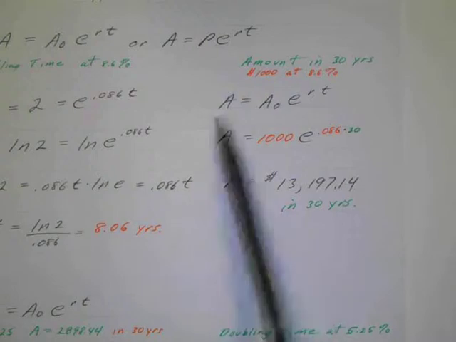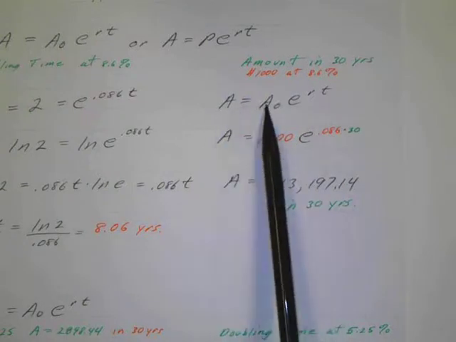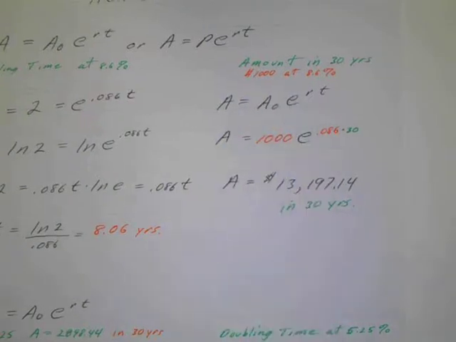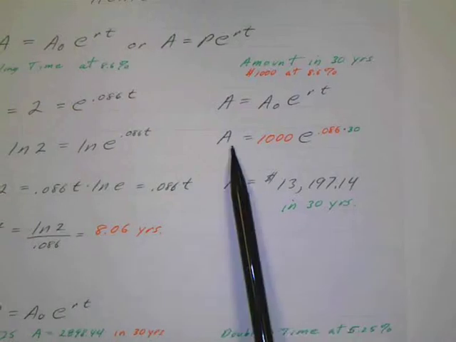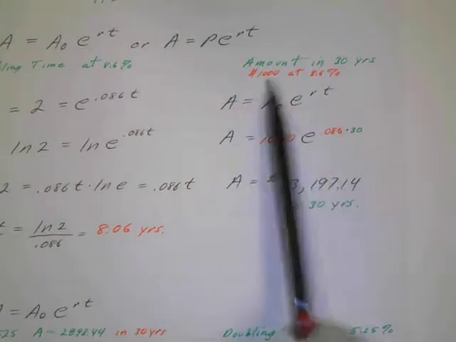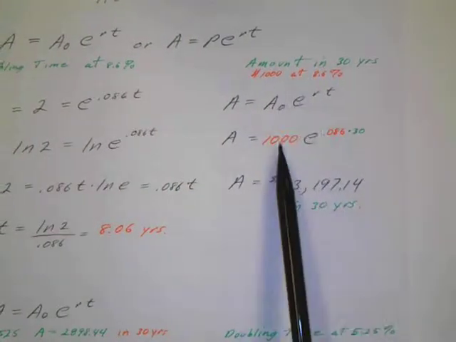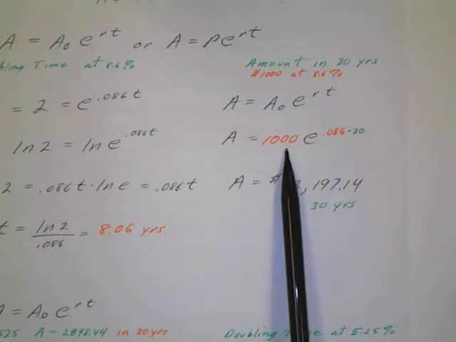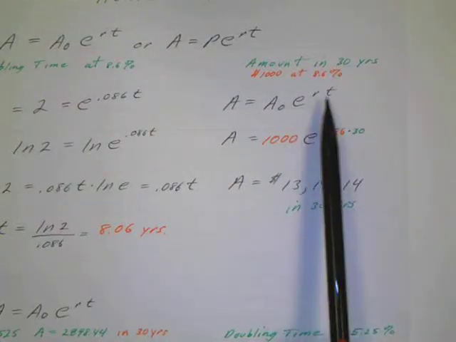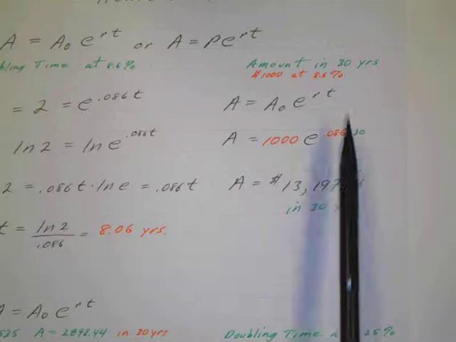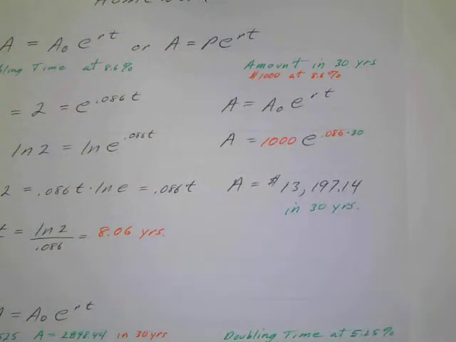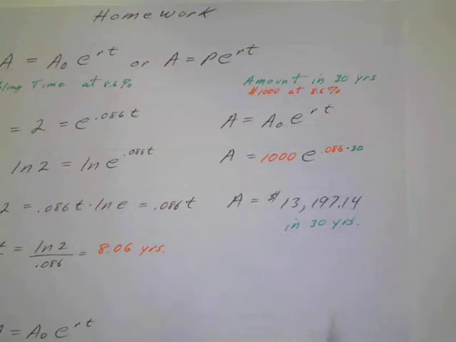So again, we're going to use this PERT type: A equals a sub 0 e to the rt. All right? And it's just a straight formula. My initial amount of money was $1,000. It's given to me in the table. And this is my r, 0.086. That's 8.6%. And this is my t, which is 30 years.